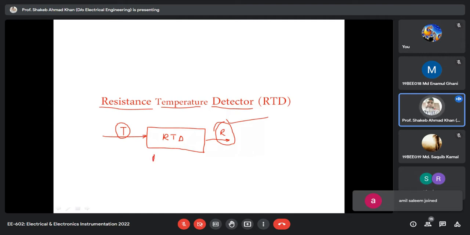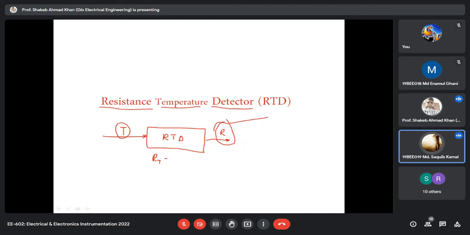You must have studied this kind of expression somewhere. RT is equal to R naught into 1 plus alpha delta T.